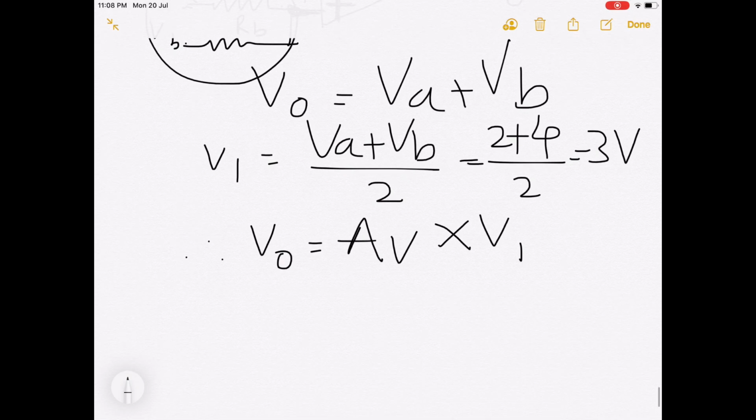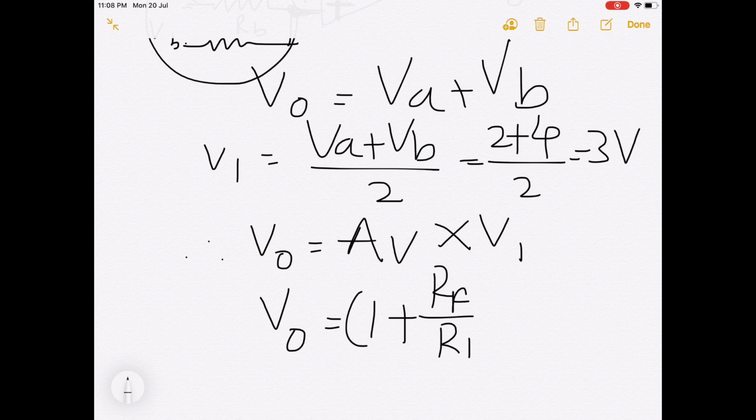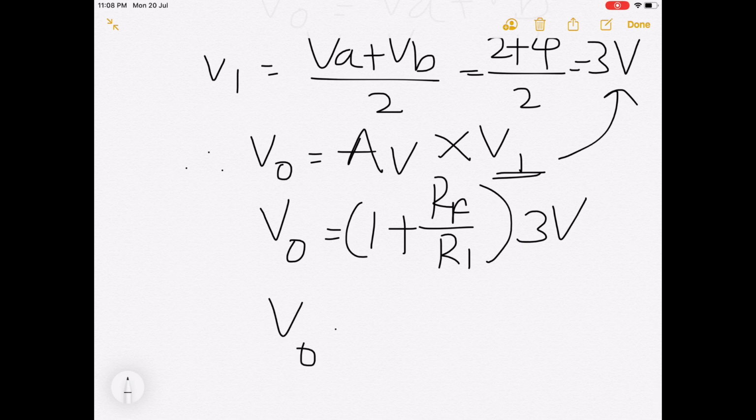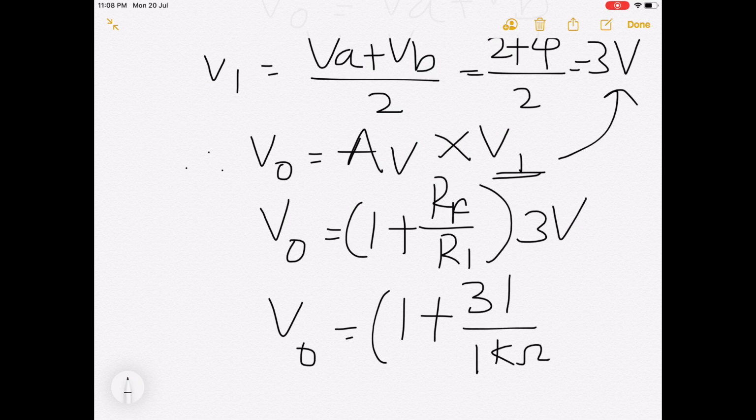So simply you have to apply the non-inverting amplifier formula, 1 plus Rf by R1 into V1, which is 3 volts. So VO is equal to 1 plus Rf is 3 kilo ohms, then R1 is 1 kilo ohm, then 3 volts.